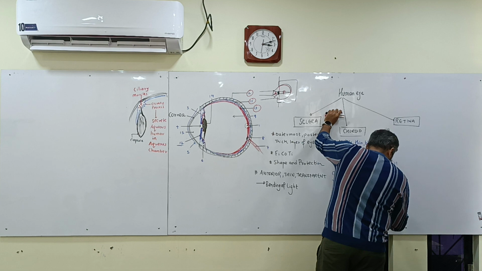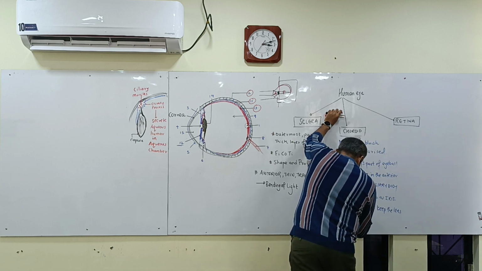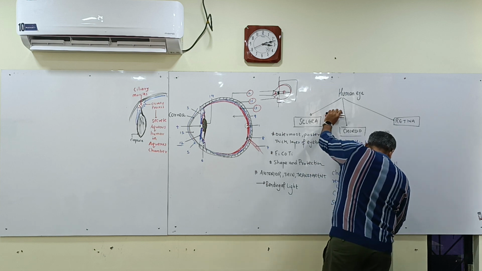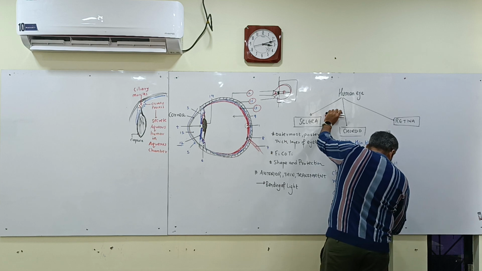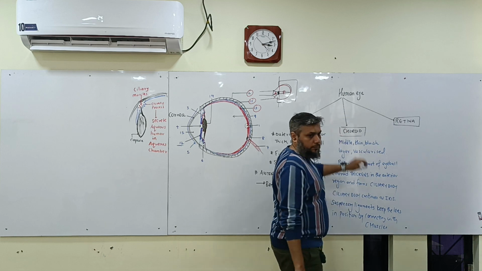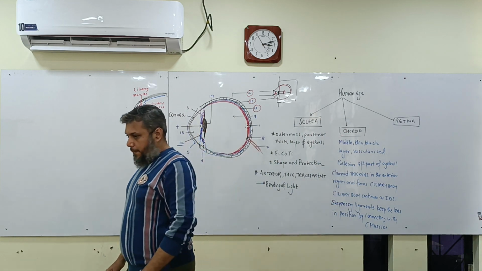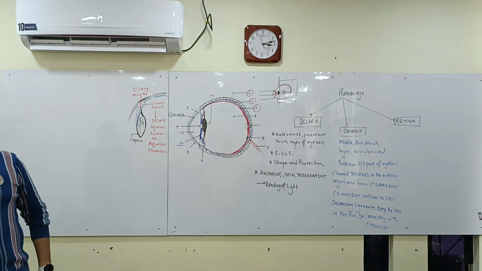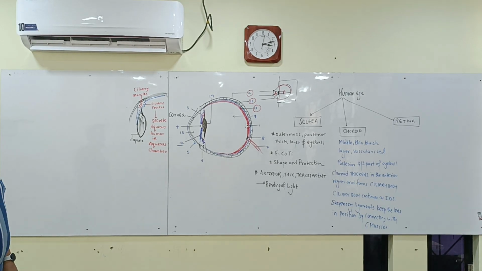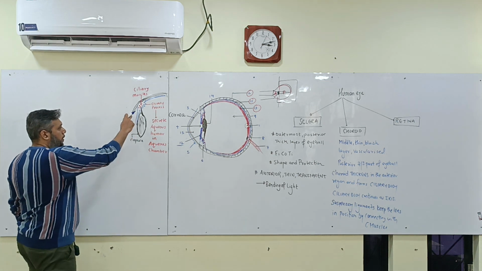The suspensory ligament keeps the lens in proper position by connecting with the ciliary muscles. Okay. And what does the ciliary body continue forward as? Iris. It continues forward as the iris.